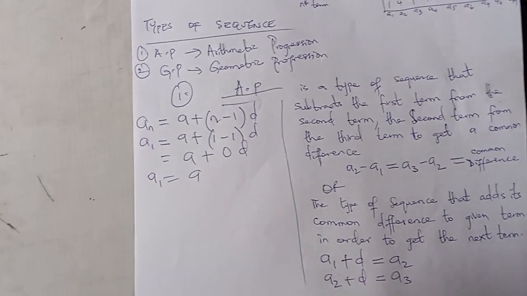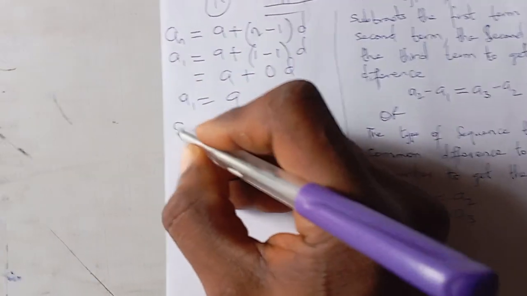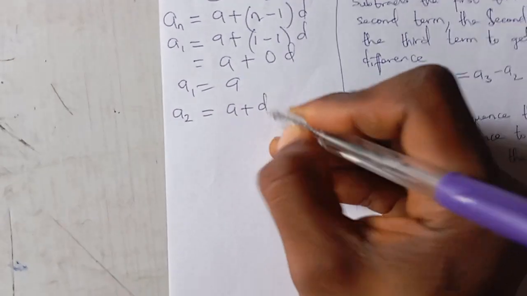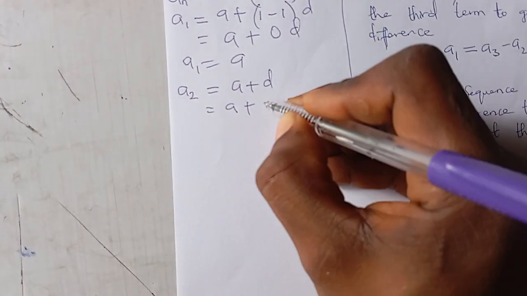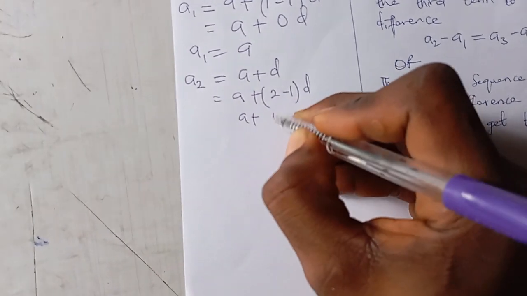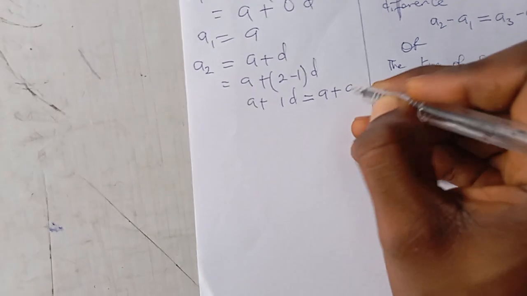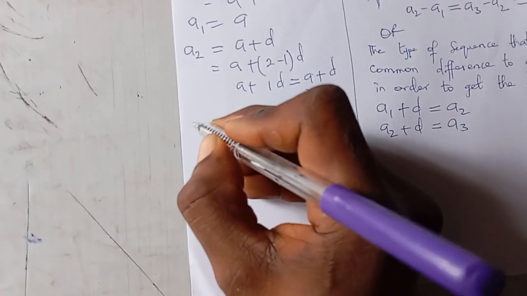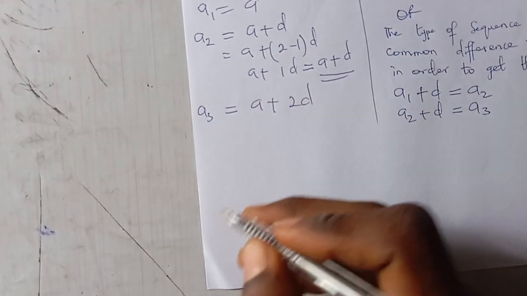So for that reason, when we have E2, instead of memorizing the formula, let's just take it that it is E plus D, which is the same thing as saying E plus 2 minus 1 D, which is E plus 1 D, which gives you E plus D. So when I have E3, it's just E plus 2D.